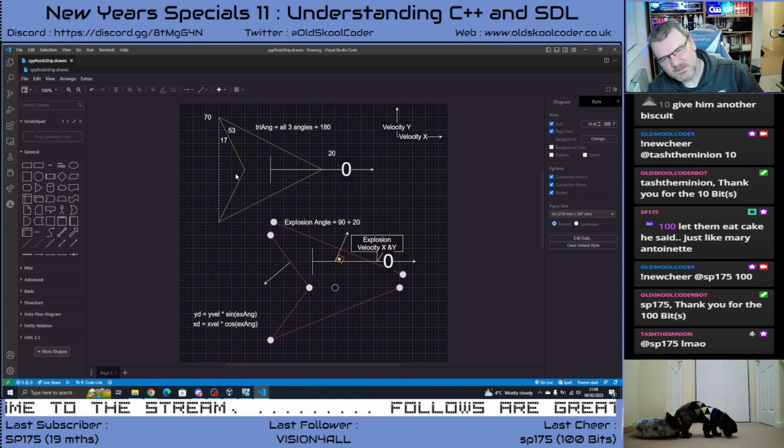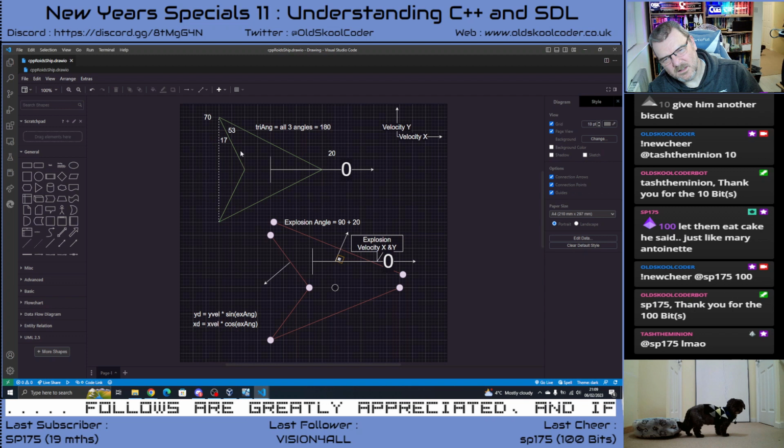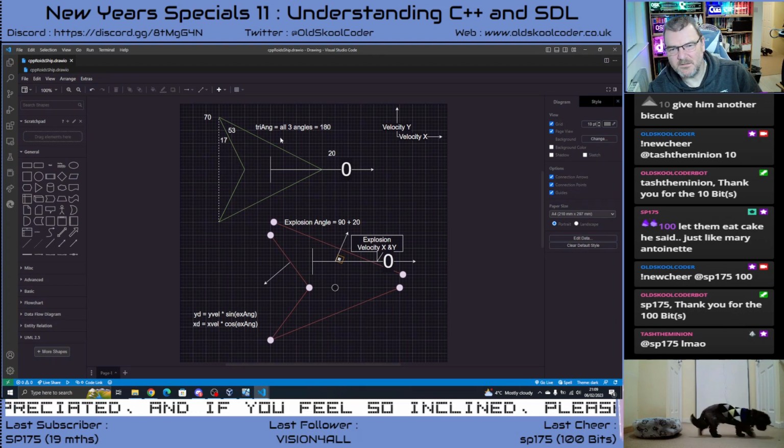Yeah, that's going to be 90 plus 17. So 90 would be there, and then 17, because that is going to be the same angle as that. So 17, and then add 90 to it.